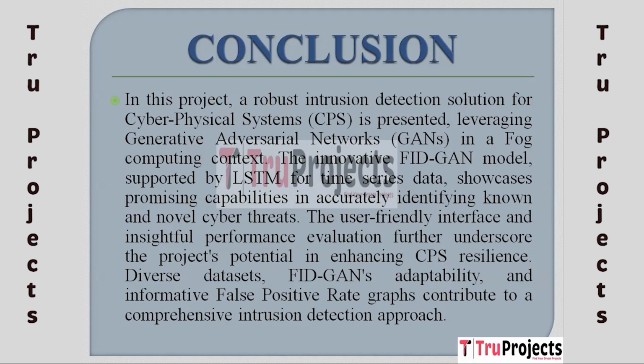The project's potential to increase CPS resilience is further highlighted by the user-friendly interface and insightful performance evaluation. A thorough intrusion detection approach benefits from diverse datasets, FIDGAN's adaptability, and instructive false positive rate graphs.